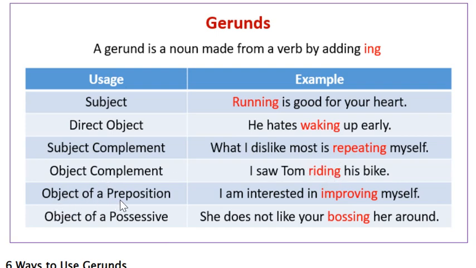Object of a preposition: I am interested in improving myself. Improve is a verb. When we add ing, improving becomes a gerund.